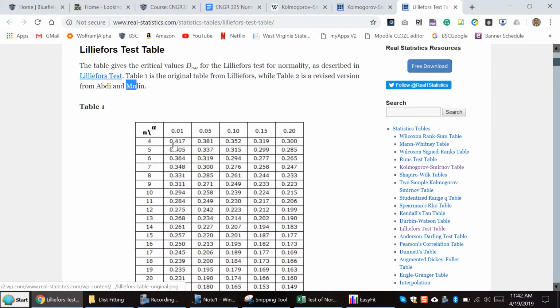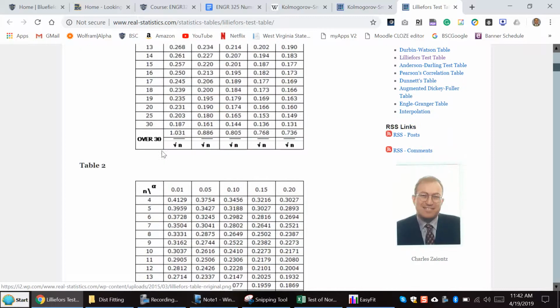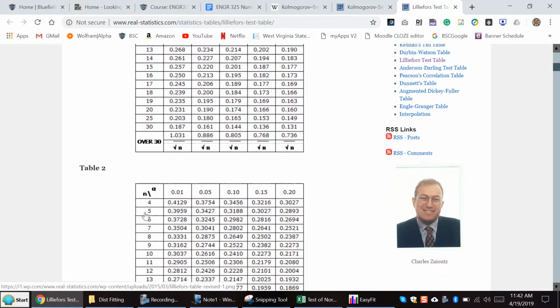So if you look at this value, this is 0.417, this is 0.4129. And the difference is they ran 10,000 simulations versus 1,000 simulations. And they did that because modern computers are much more powerful. You could go in if you wanted to and run 1,000,000 simulations. But it's just probably going to give you a few more decimal places, and it's all statistics.